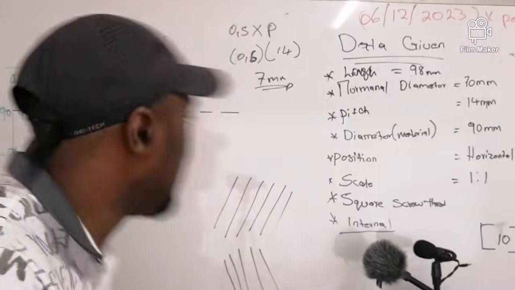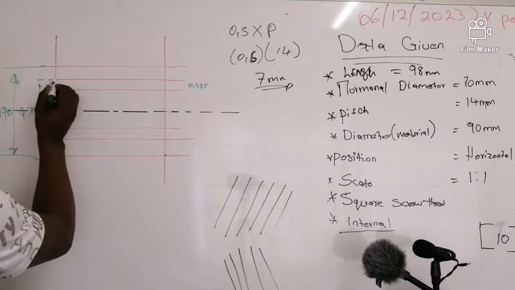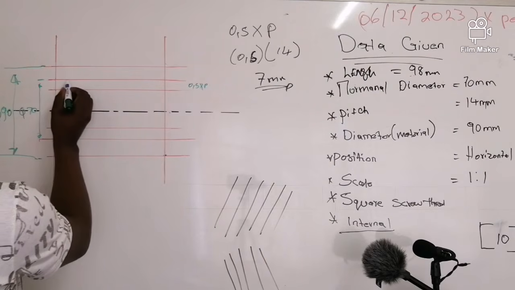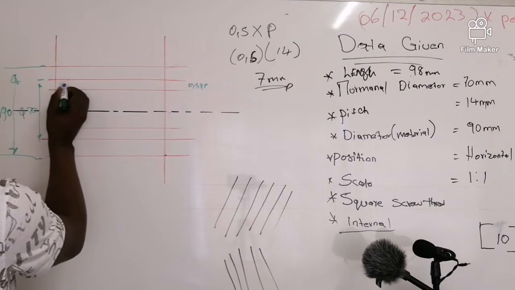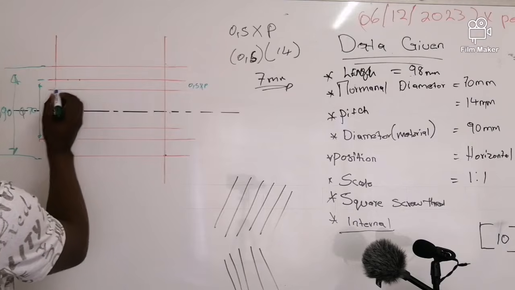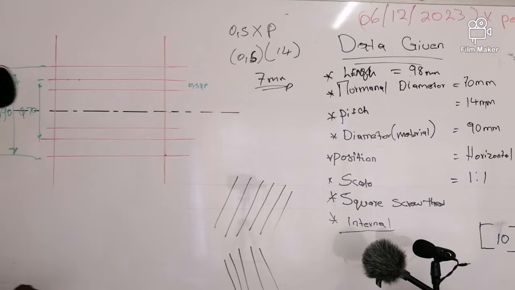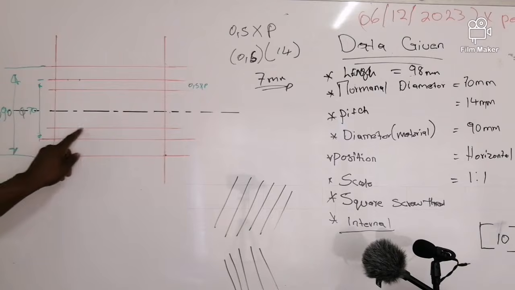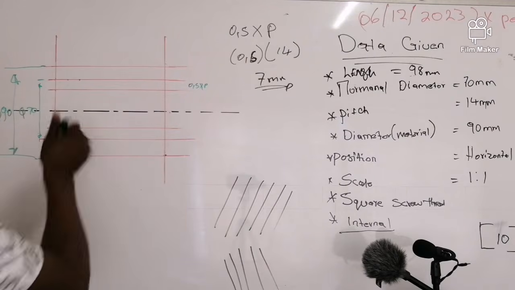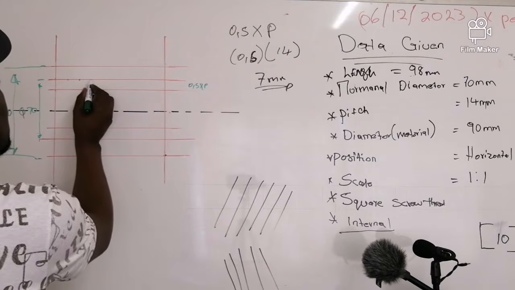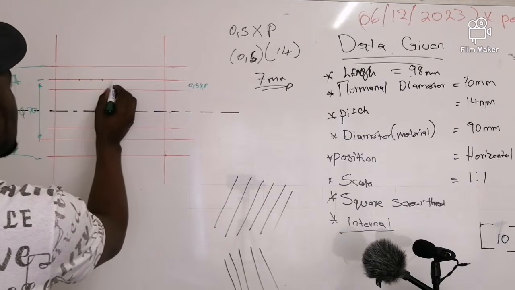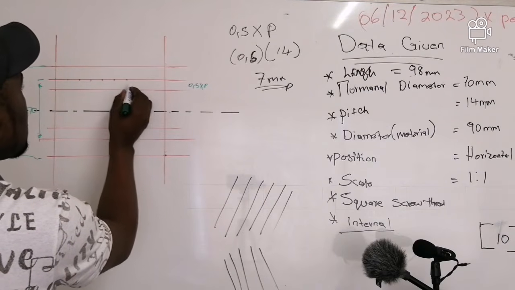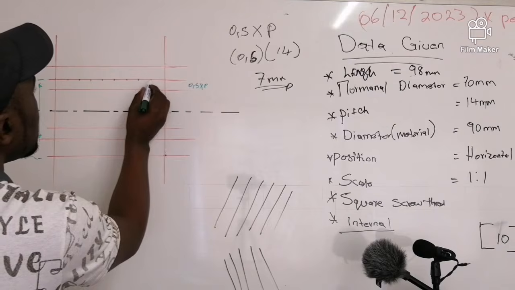So from here till there it's a full pitch. You understand? So these 7 millimeters, you can do them here or there, it's up to you. So you come and say 7, 7, 7.